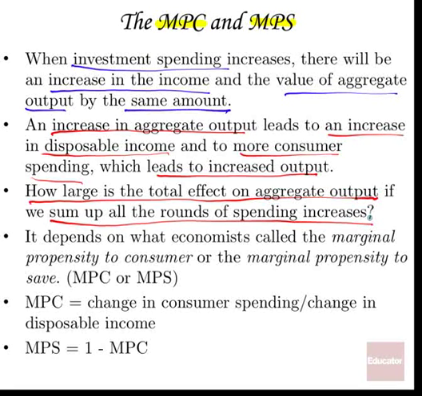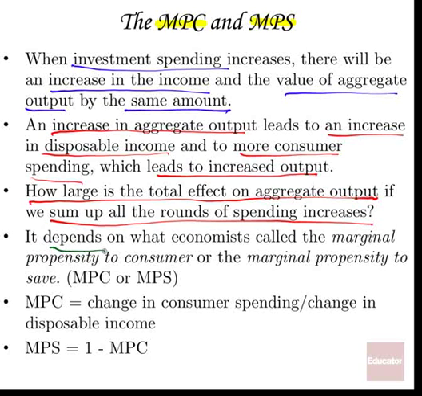And really, in order to answer that, you have to figure out what this marginal propensity to consume is. So what percentage of that income are individuals going to consume? Because if you get $100 and you save all of that, then there's not going to be any extra money floating in the economy. But if you spend all of it, then there's going to be other implications. So we're going to take a look at that.